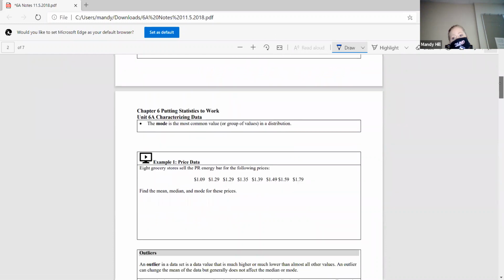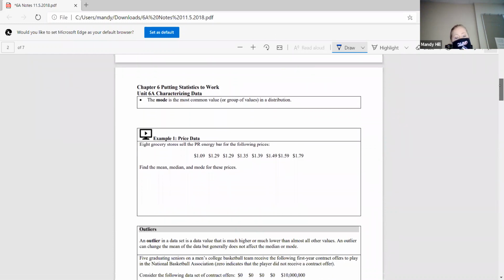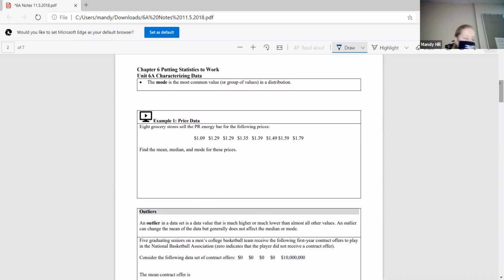If you're like me, when you're typing things in the calculator, sometimes, in fact, I did this morning really early, I will type something in wrong, especially if it's a long list. So I will post that video on Friday of how to find it on the graphing calculator. But we need to at least know what we're talking about first before we go there.